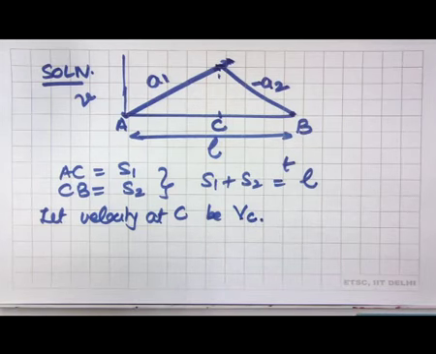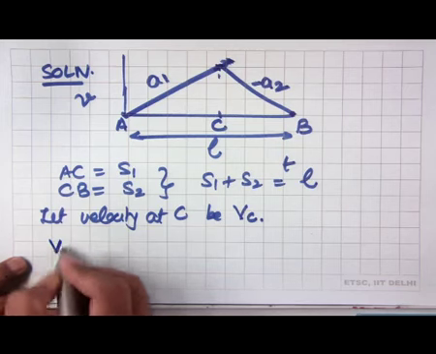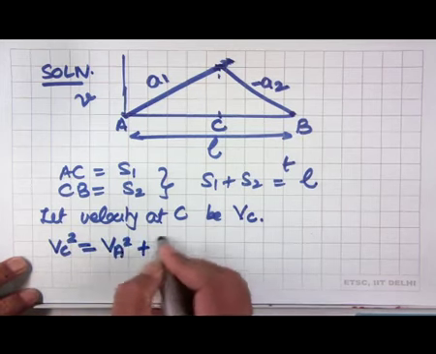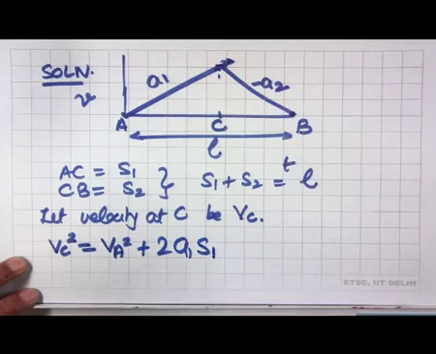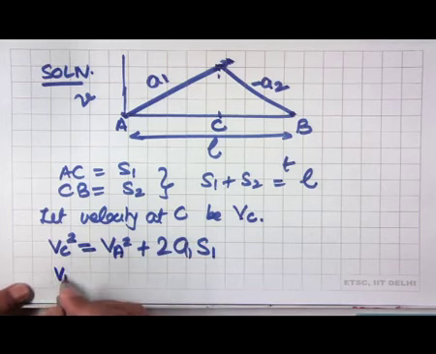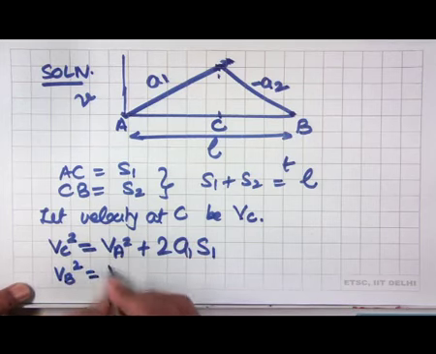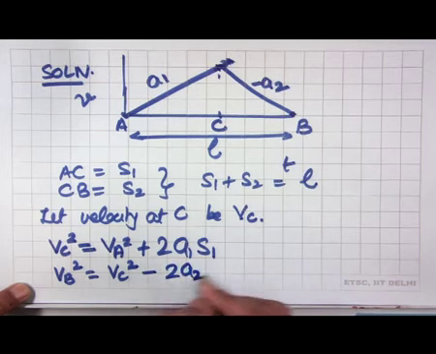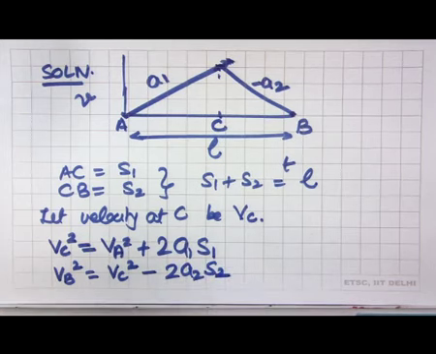Then Vc square equals Va square plus 2 A1 times S1, and Vb square equals Vc square minus 2 A2 times S2.